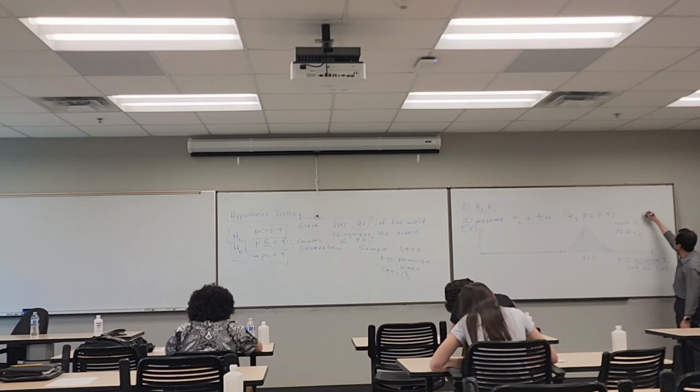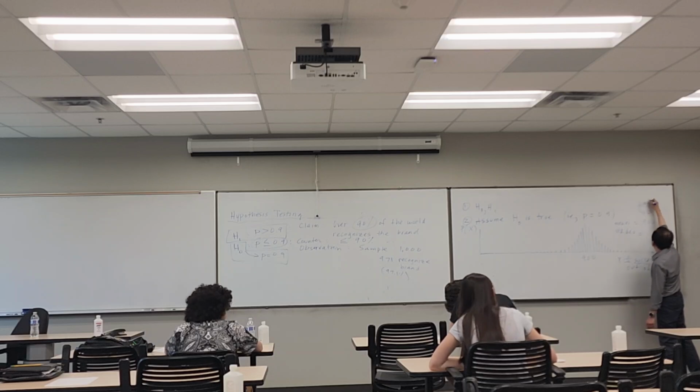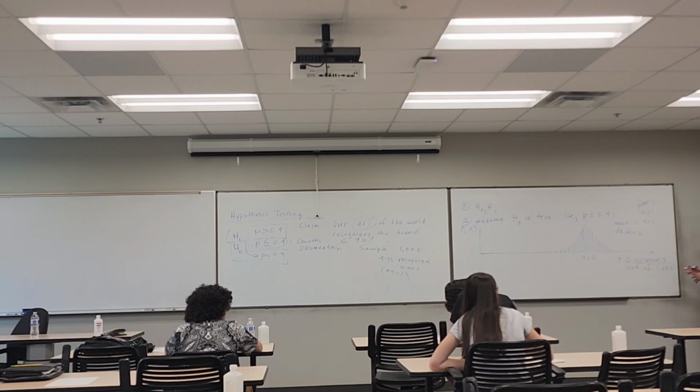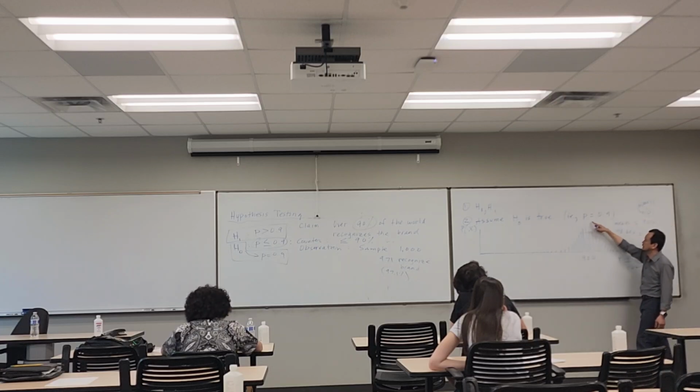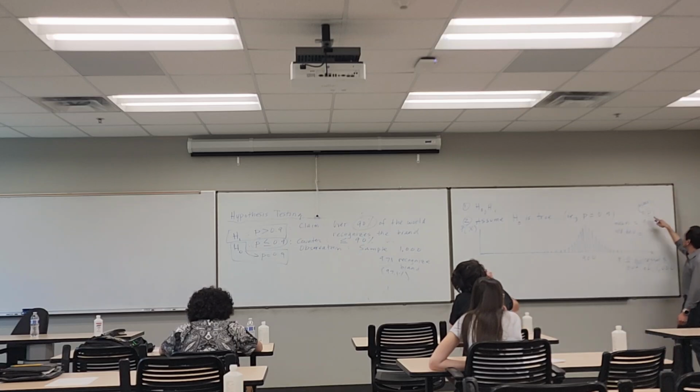And that 900 comes from n times p, where n is the number in the sample, which is 1,000, and p is the true probability of success for the entire population of the world, which we don't know, but there's a step in hypothesis testing where we assume that the null hypothesis is true, and in this case, it's p equals 0.9. So that's how we're getting the 900, 1,000 times 0.9, and that's the mean.